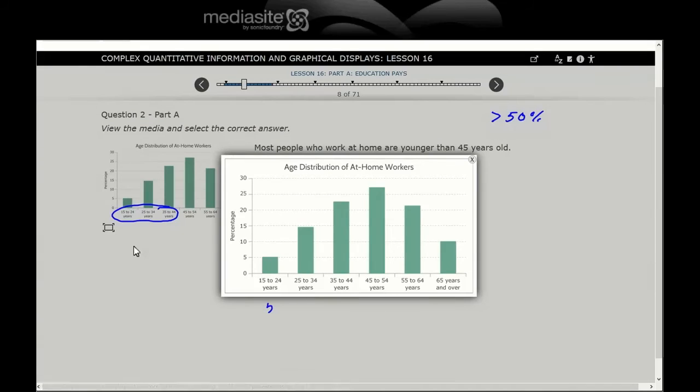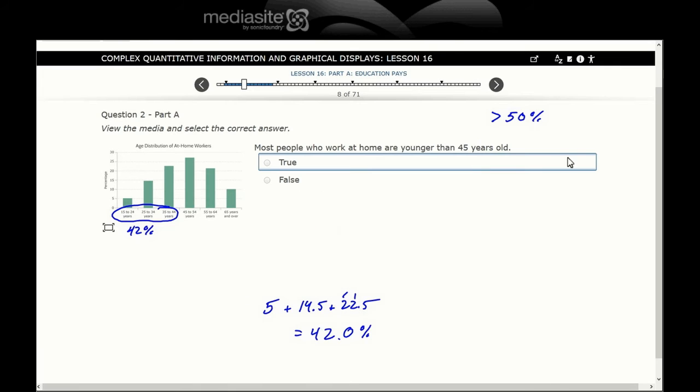We're going to have 5% plus 14.5% plus 22.5%. And that would be 0 carry the 1, 2, 3, 4 is 7, and 5 is 12. Carry the 1, 2, 3, 4. 42%. 42% is not greater than 50%. False.